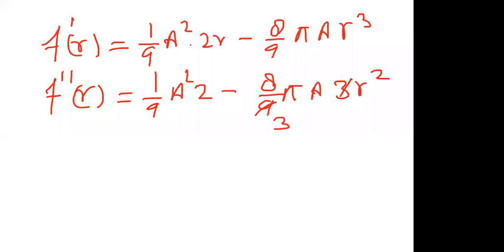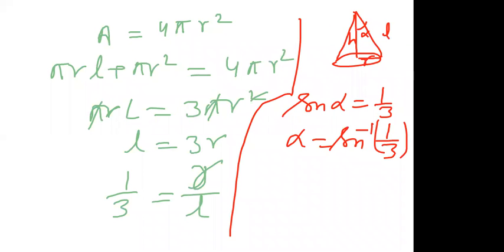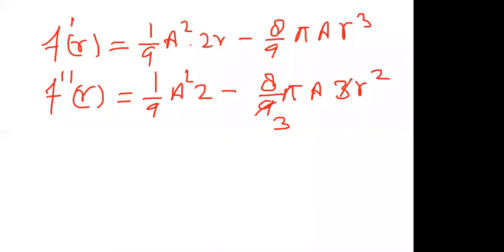So for that, we are going to put the value of any one of the things. Let me go to the previous slide. In this slide, area is equal to 4 pi r square. That I'm going to put in the next.